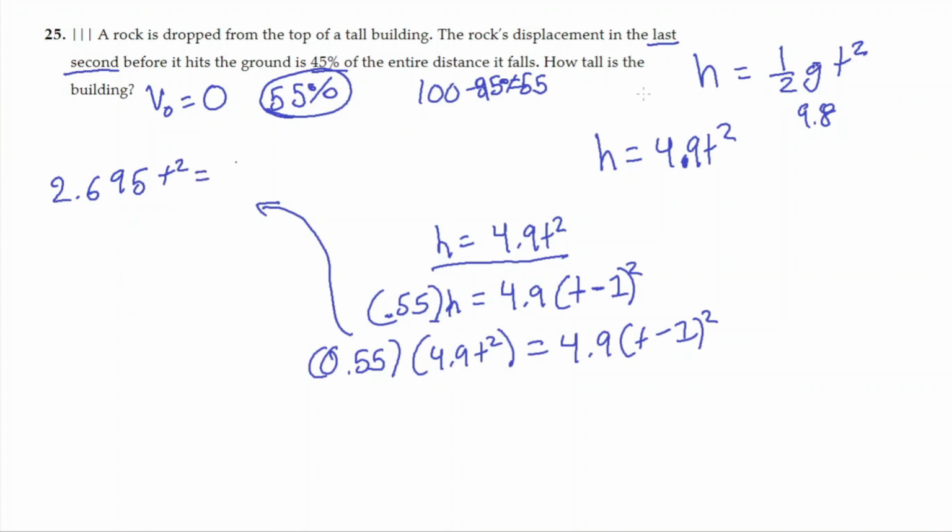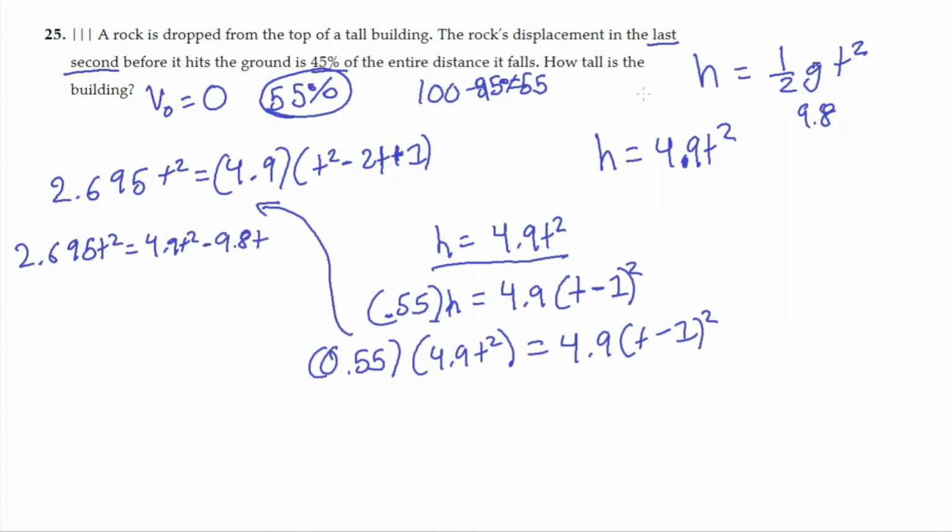And then the right side, we're first going to multiply out the (t minus 1) squared, which is going to be t squared minus 2t plus 1. And now we want to multiply out the 4.9, so it's going to be 2.695 t squared is equal to 4.9 t squared minus 9.8 t plus 4.9.